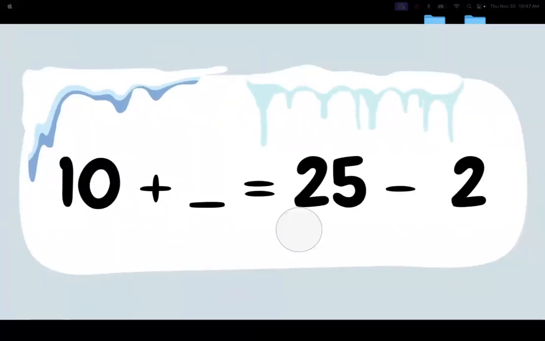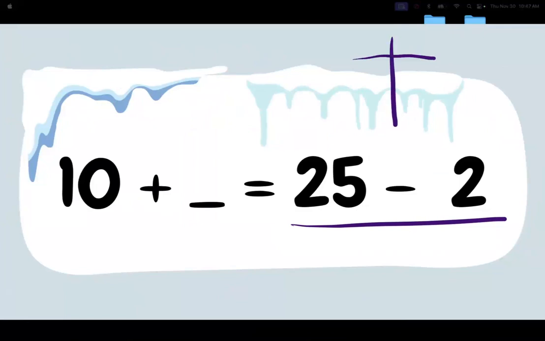So we have to figure out 25 minus 2. Now look, we're going to break it down like we did before. 10s and 1s, right? 25 minus 2. Let's look at our 1s.